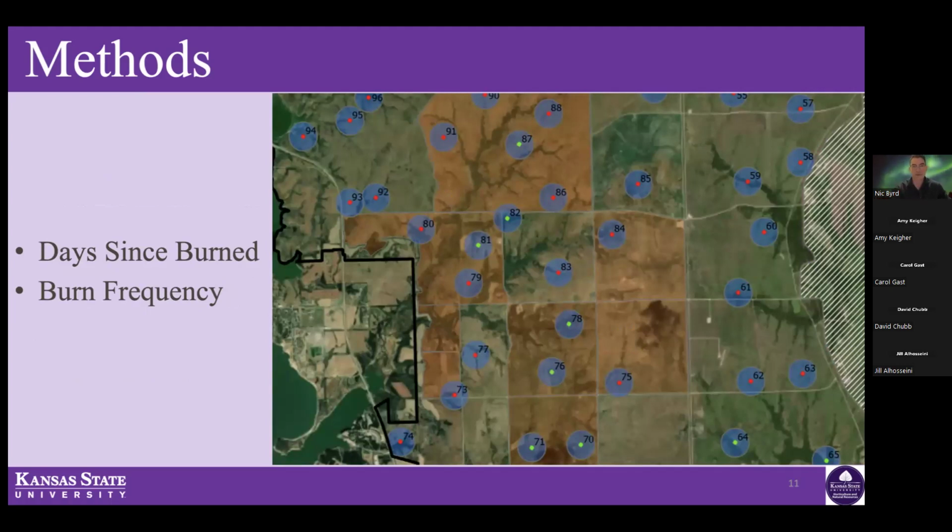We then went further back in time to find a proportion that had met our cutoff of at least 20% or more, and then established that as our most recent burn date. And for burn frequency, we just simply counted the amount of times an area was burned, dating back for the past 10 years. And we expected elk to occur at more sites more recently burned with a higher burn frequency.